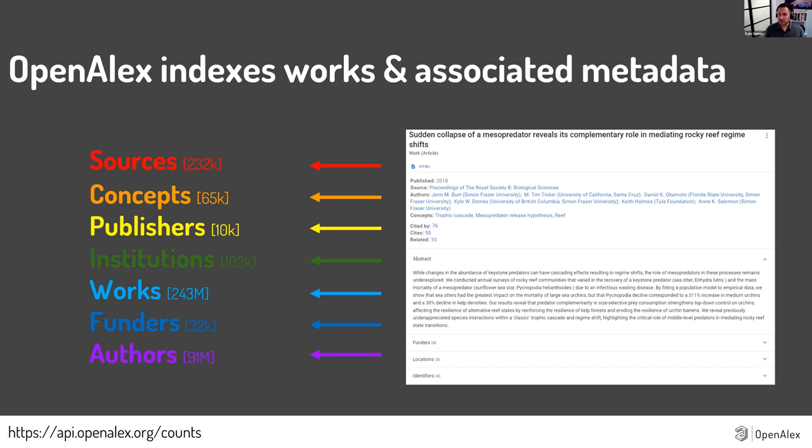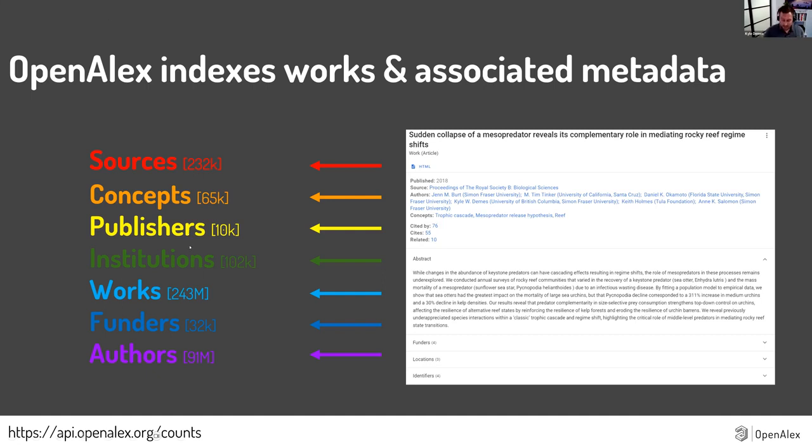And in some of these other software and platforms, you might be used to something like this. The nice part about these concepts, there's 65,000 of them, is it's a multi-layer hierarchy, and each of them is linked to something in Wikipedia that you can then read about. So these aren't random strings of words that are being used to categorize work, but they're actually meant to be meaningful research concepts.